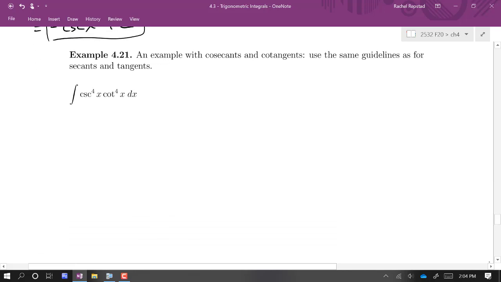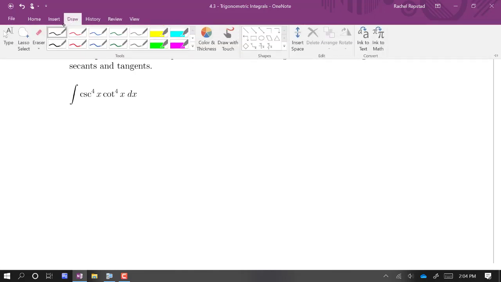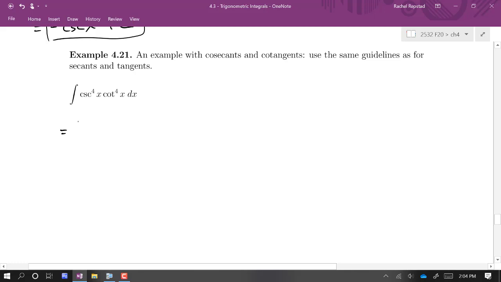And again, like I said in the very beginning, the techniques we have for secants and tangents, they'll work for cosecants and cotangents too. Here we have cosecant to the fourth, cotan to the fourth. And when you have an even positive power on cosecant, you can save a cosecant squared for the end. So let's peel off that factor and see what it looks like.